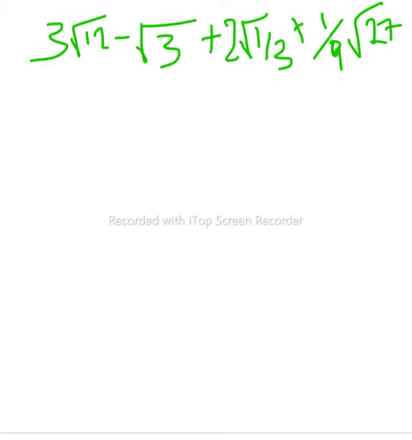To simplify this, first we have to rewrite the expression so that the terms have the same index and the same radicand.